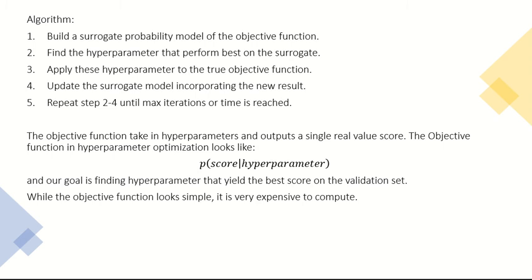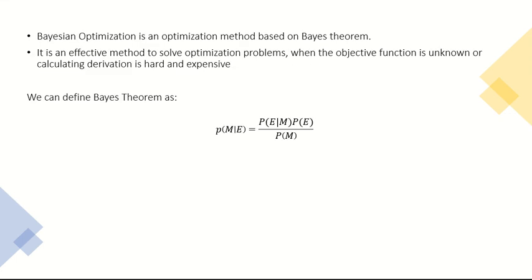What is a Gaussian process? But before starting with the Gaussian process, which is a surrogate model that uses Bayesian optimization, we should know what Bayesian optimization is.